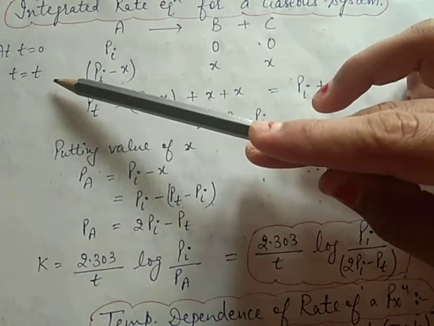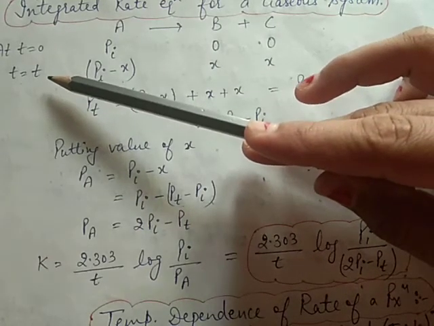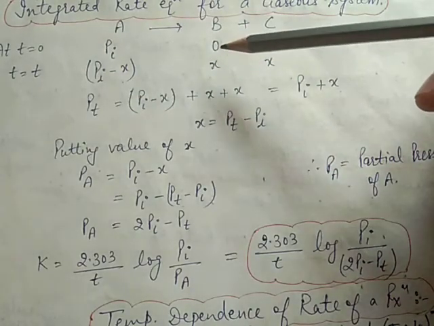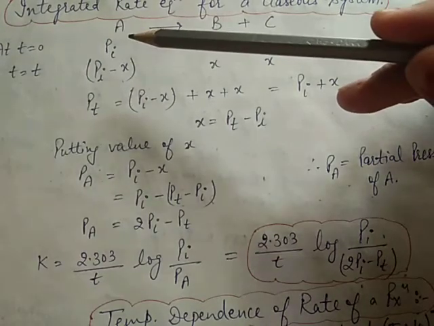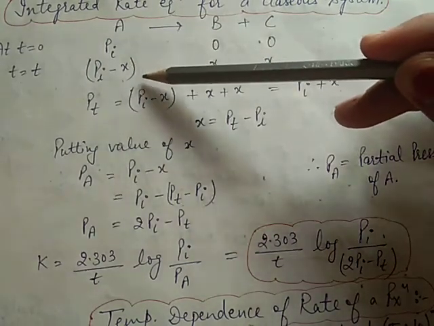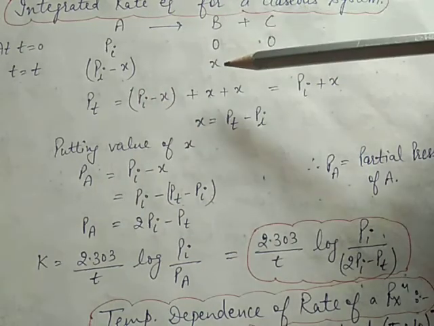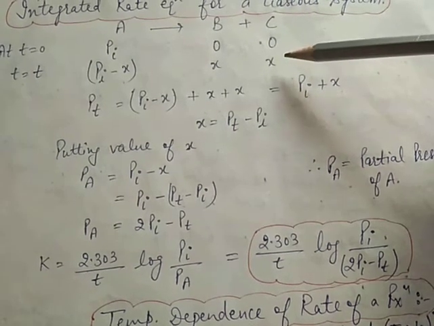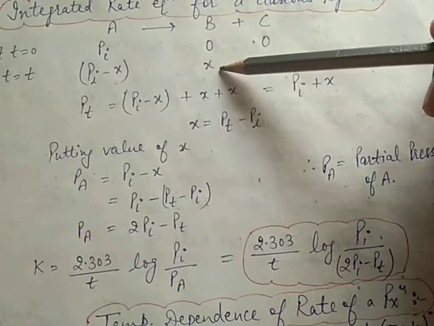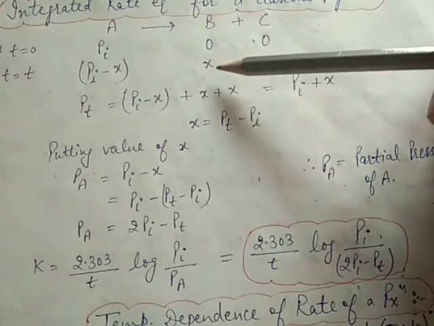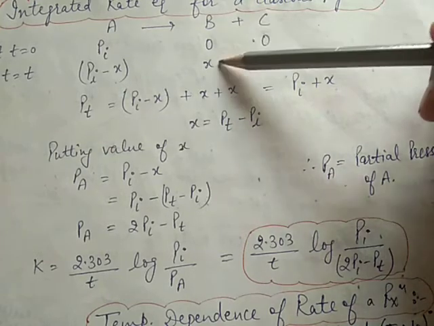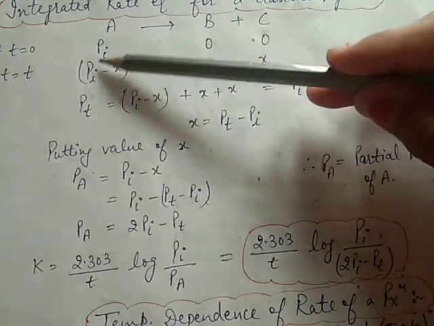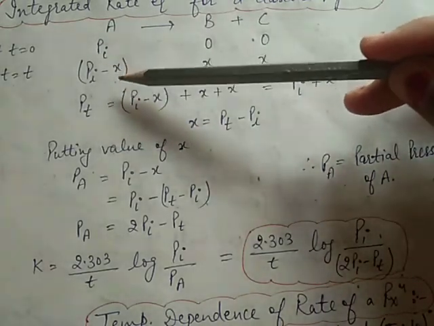But at time t, if there is a decrease of X atmospheric pressure in the pressure of A, and 1 mole each of B and C is being formed, then the increase in pressure of B and C will also be X. This is also X, this is also X, and this is Pi minus X, meaning the decrease in pressure of A at time t.